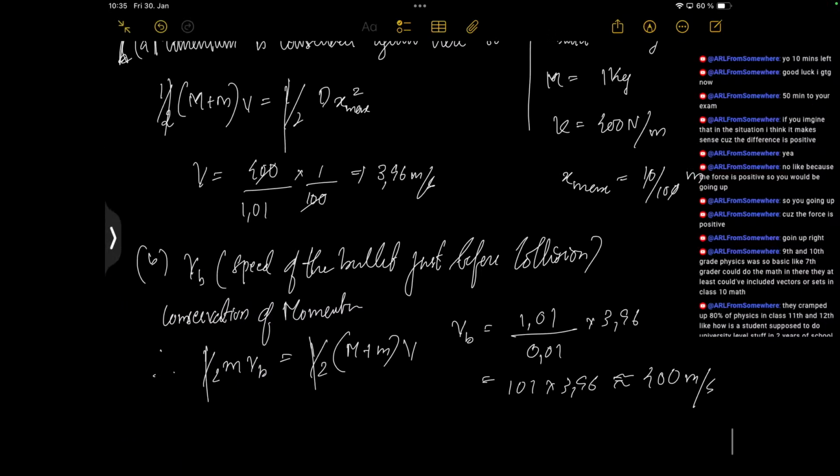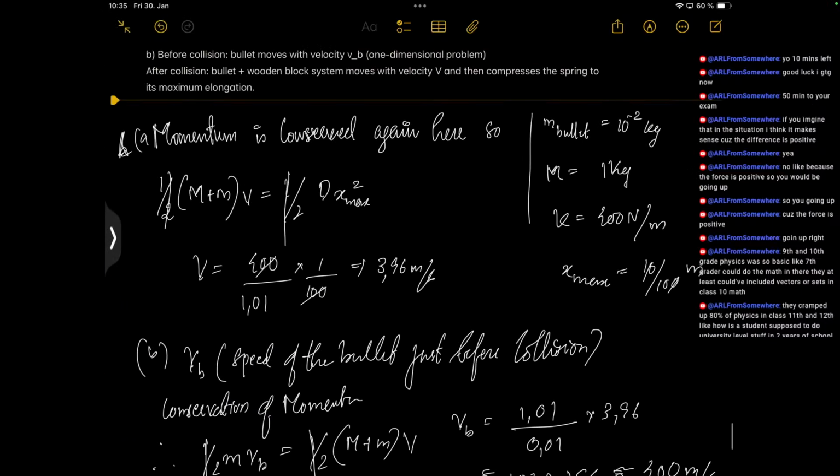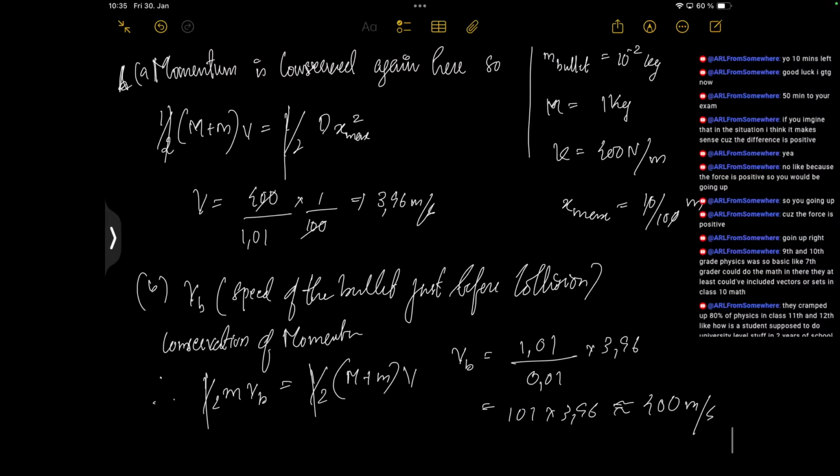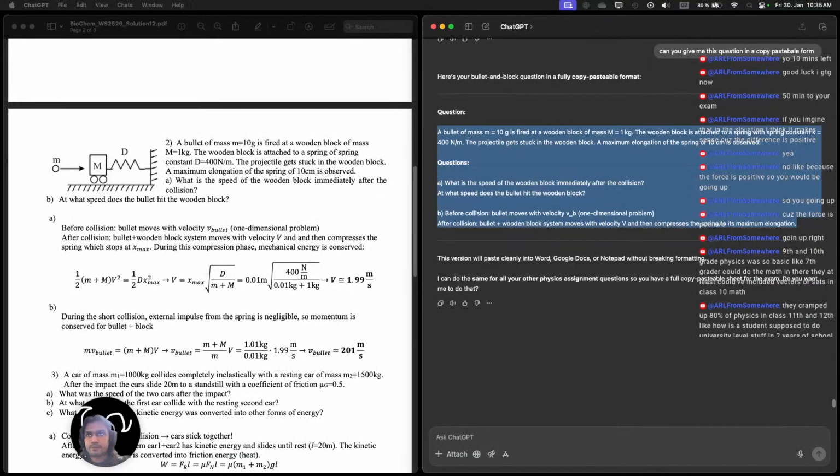Are the units correct though? Meter, Newton per meter, kilogram. Yeah, I believe the units are correct. $200.